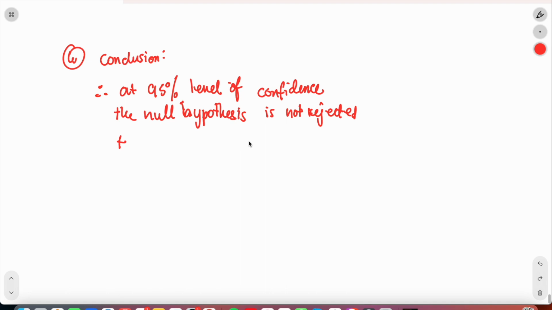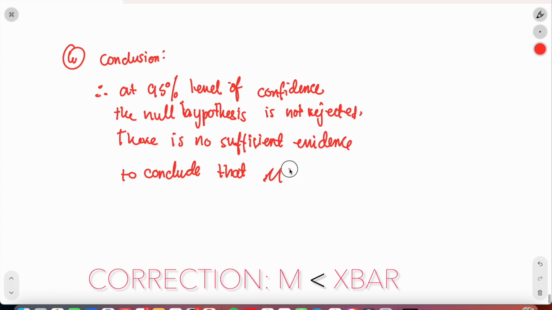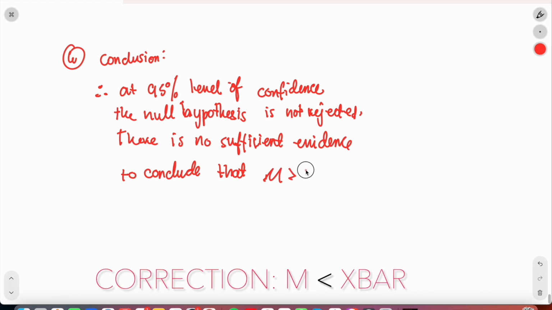Therefore, there is no sufficient evidence to conclude that mu, the population mean 142, is greater than the sample mean, which is 144.